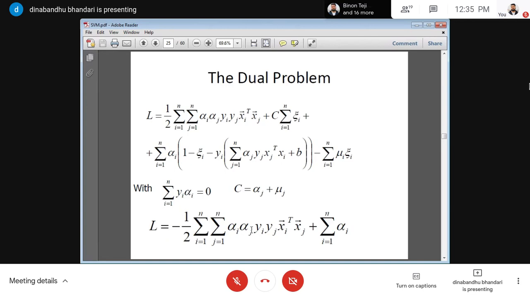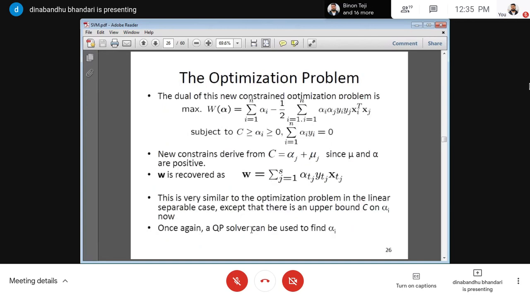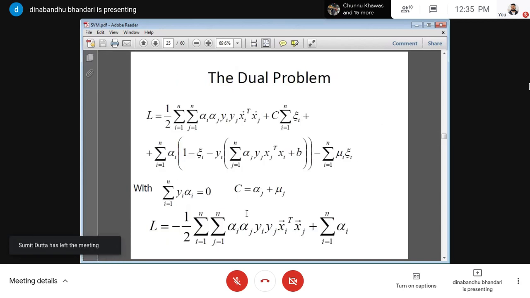But here, one constraint is different, that is alpha i. What we have got here is C equal to alpha i plus mu i. Now, this mu j is positive, so alpha j cannot exceed C, because C is equal to alpha j plus mu j, and mu j is again positive.